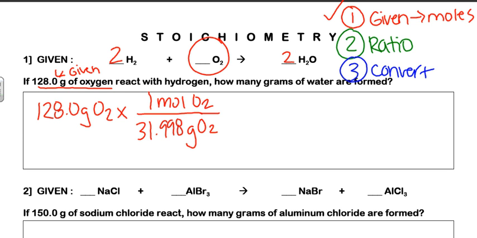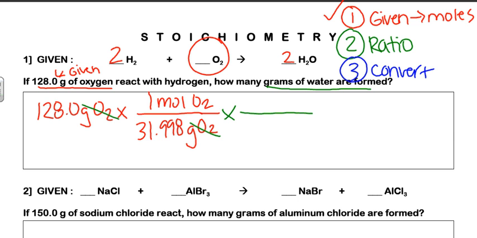Step 2, the ratio step. Well, what do I mean by a ratio? I mean that I need to include a ratio step that will get me from moles of oxygen, because when these cancel, now I'm in moles of oxygen, to moles of whatever the unknown is. So when you read this problem, it's asking for how many grams of water is formed.